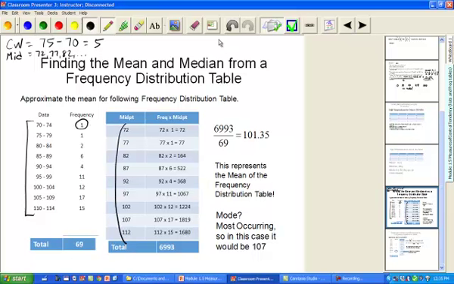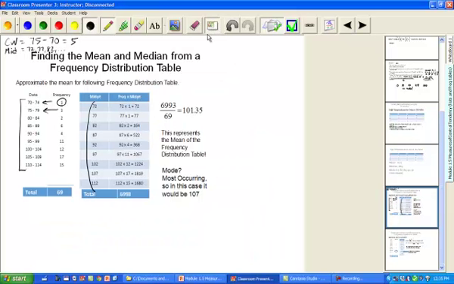So again, the frequency, we have one item in that list, we have one item in that list, and so on. So it should make sense that we have to use representative values, and the representative values are the midpoints. So what we do is we take into account the frequency for each class and multiply it by the midpoint.